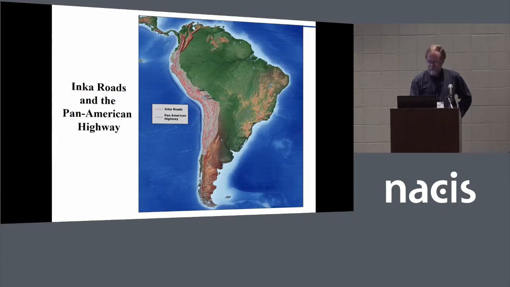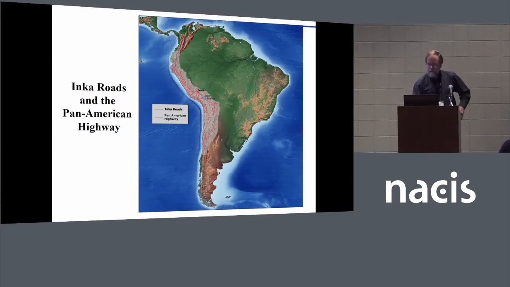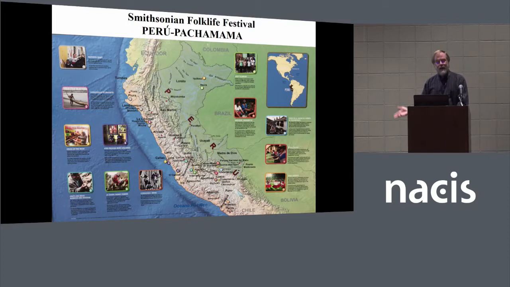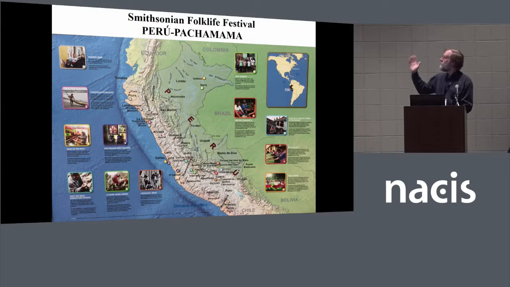But then we also have some other walk-by maps that people can look at. At the same time this opened, we had the Folklife Festival dealing with Peru, and I put up this map showing where all the participants in the Folklife Festival came from.